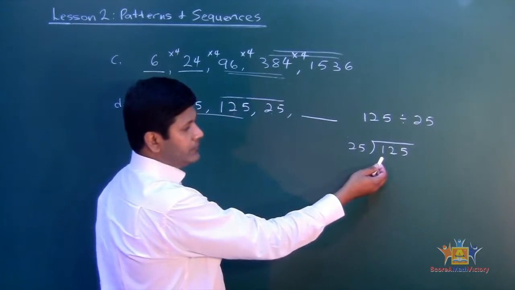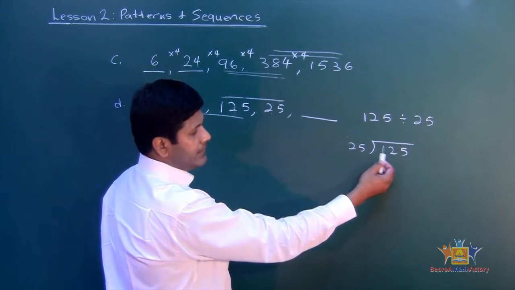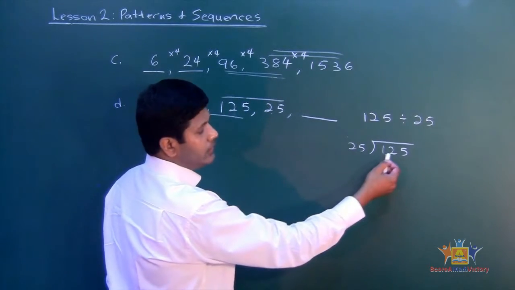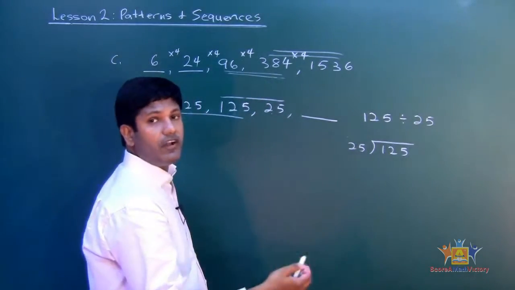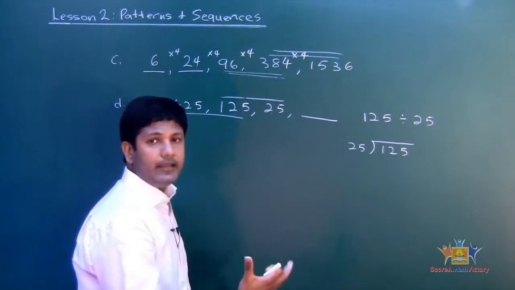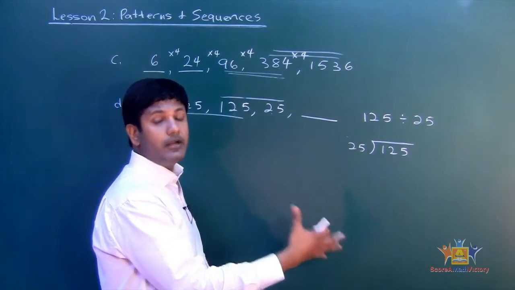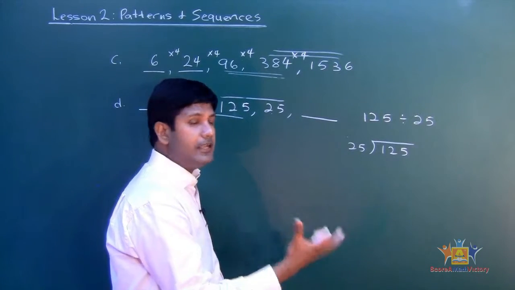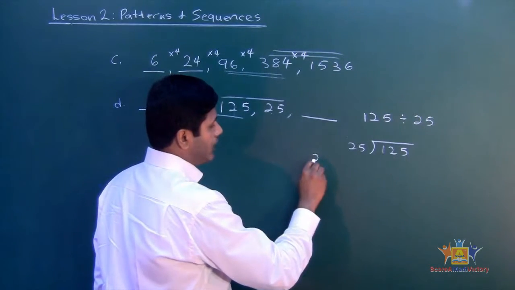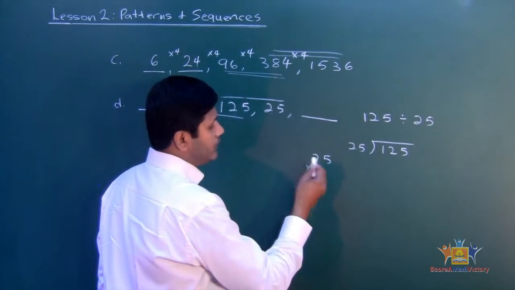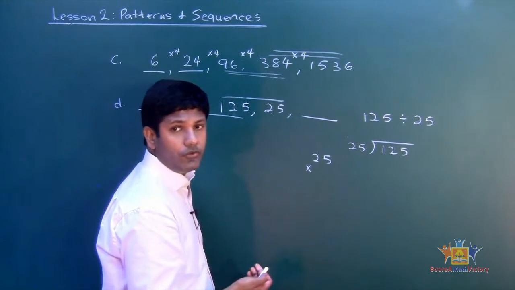First digit, I cannot. When I go to the second digit, still I cannot. 12 is too small. When I go to the third digit, 125, yes I can. But again, its number is outside our timetable range, so we're going to use the trial and error method. We're going to find 25 times what will give 125.